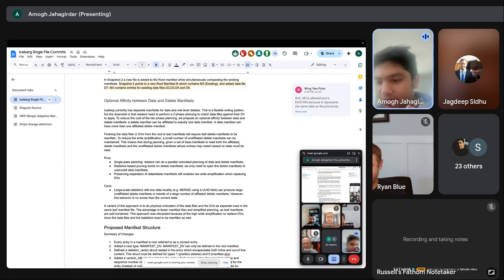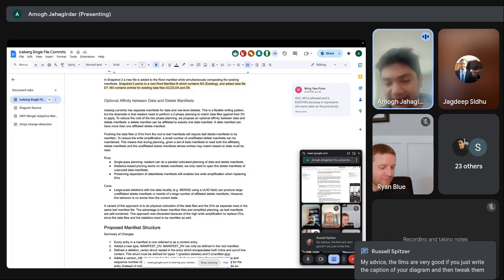I think this is also marked as an open question, but another thing we were thinking about is an optional affinity between data manifests and delete manifests. I'll describe the current state of things first.